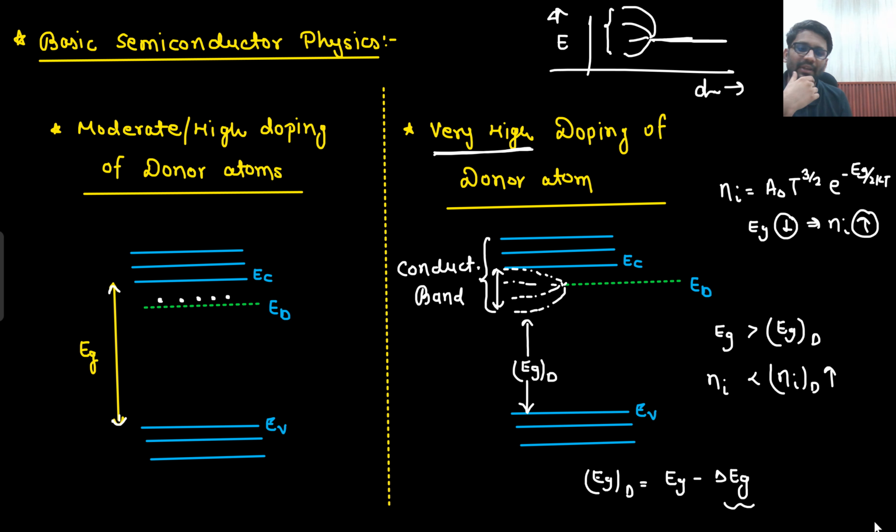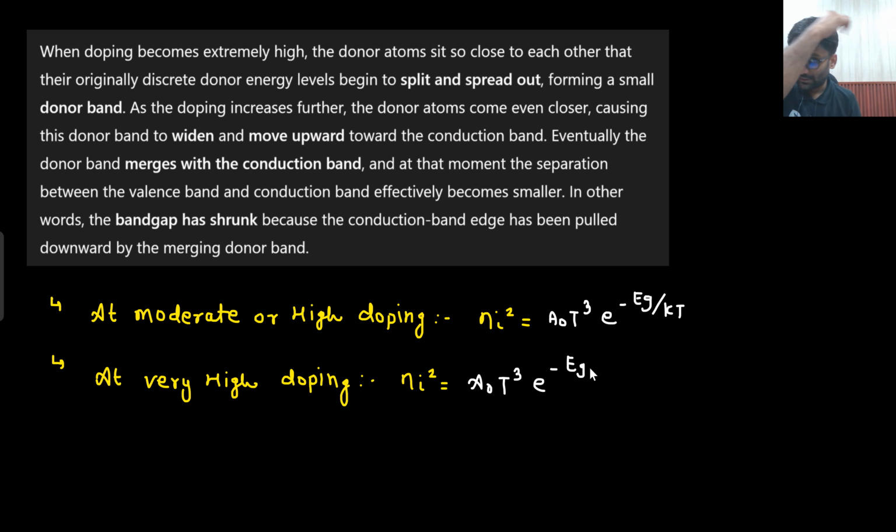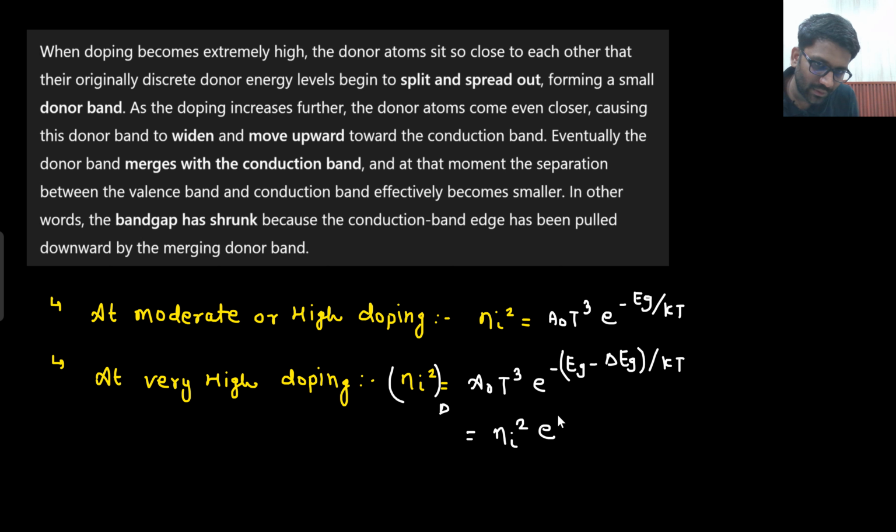So Eg minus delta Eg I can write down here: e to the power minus (Eg minus delta Eg) by kT. Ni square after doping, I will call Ni square D. From here delta Eg you can take outside, so what you will get is Ni square times e to the power delta Eg by kT.